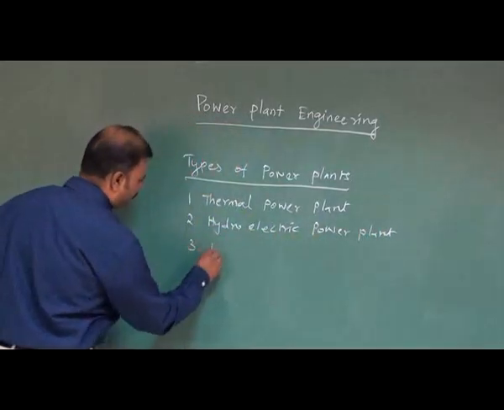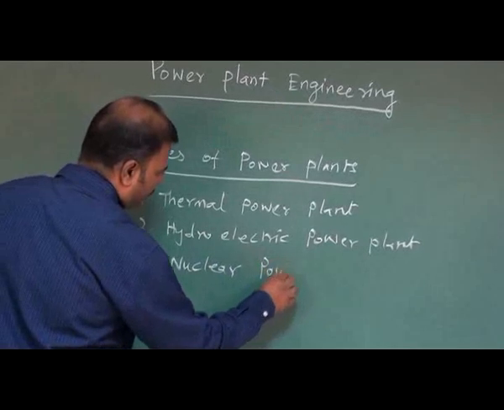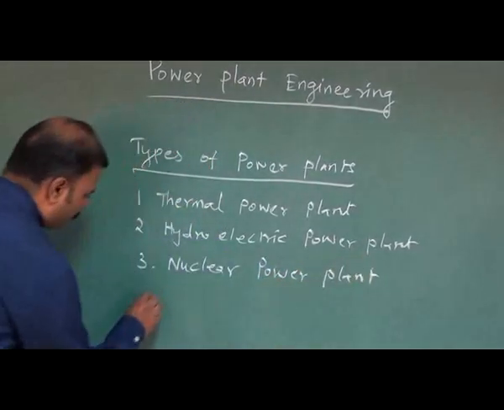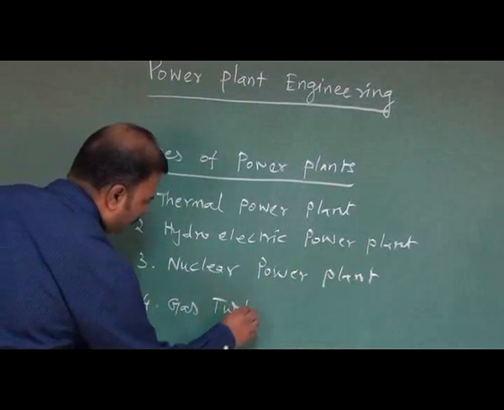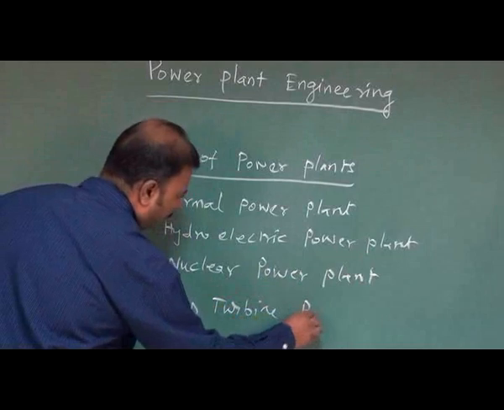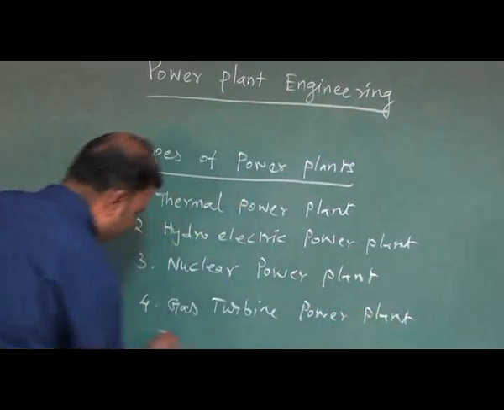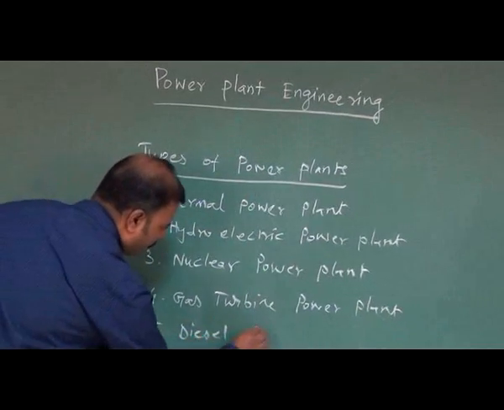The third one is nuclear power plant. The fourth one is gas turbine power plant. The fifth one is diesel power plants.